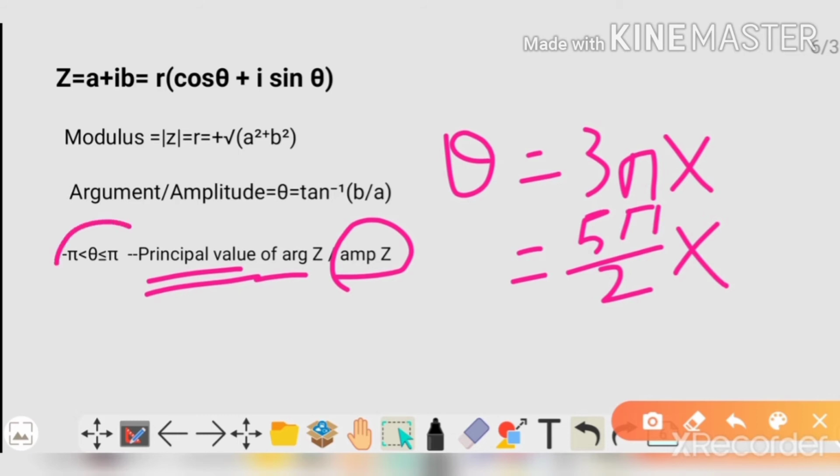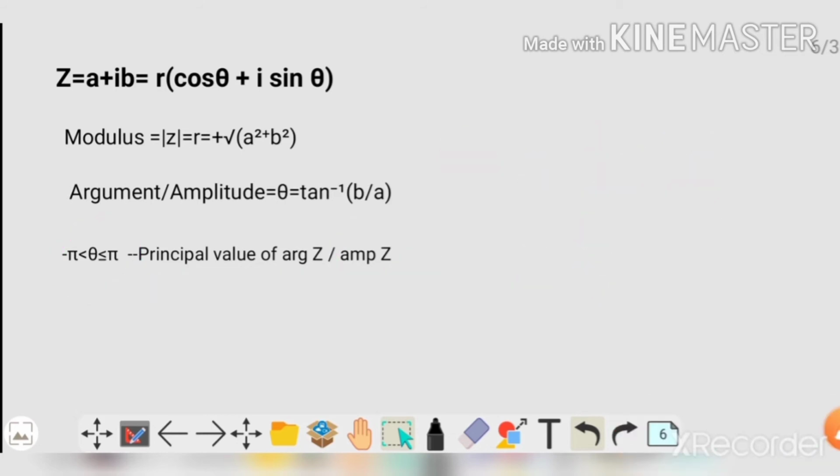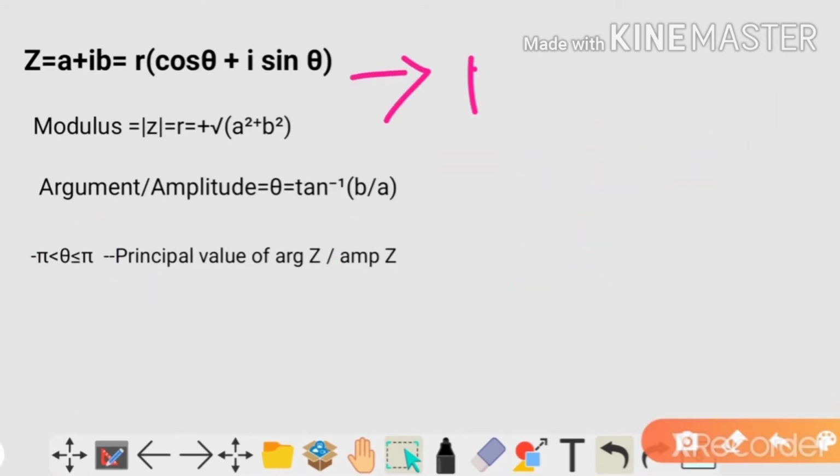The amplitude of Z must be in minus pi to pi. It can't exceed this value. This is called the amplitude of Z. But the argument of Z can be greater or less than pi or minus pi. Okay. This form is called the polar form of Z.